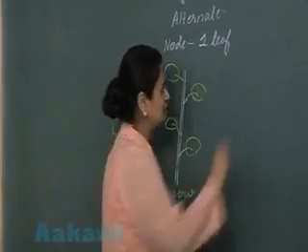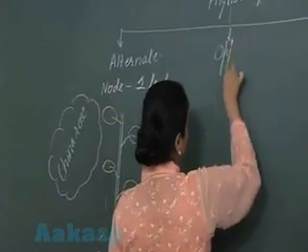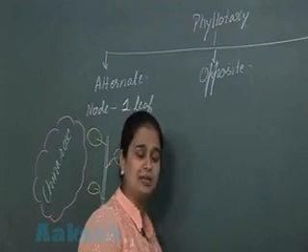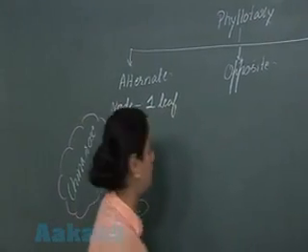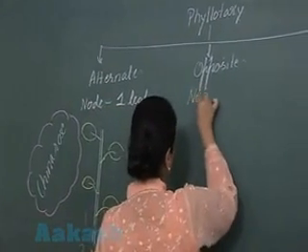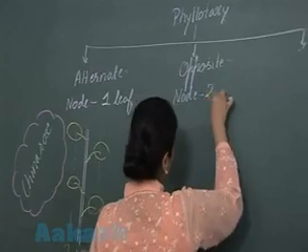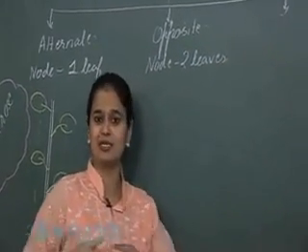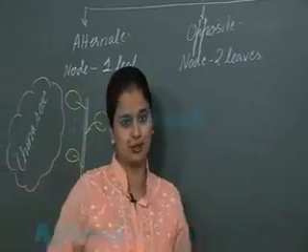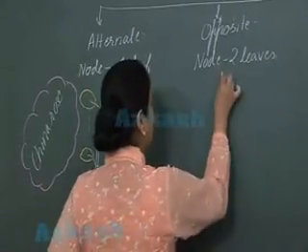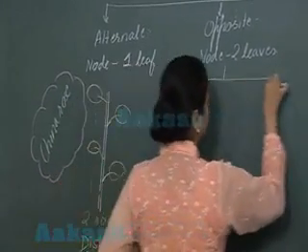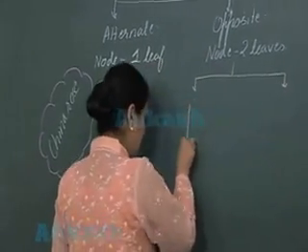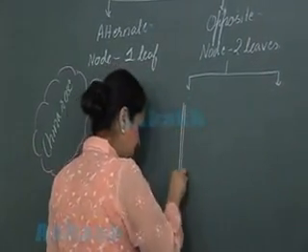Now the second one, that is opposite. Now in the opposite type, at the node there is presence of 2 leaves. हर एक नोड पर 2 leaves present होंगी, and generally these 2 leaves which are present, they lie opposite to each other. तो यहां पर opposite के अंदर हम 2 conditions देखेंगे. Let's say this is stem.